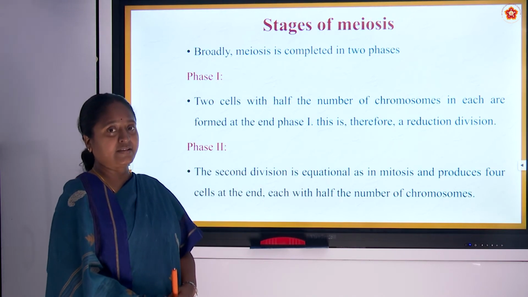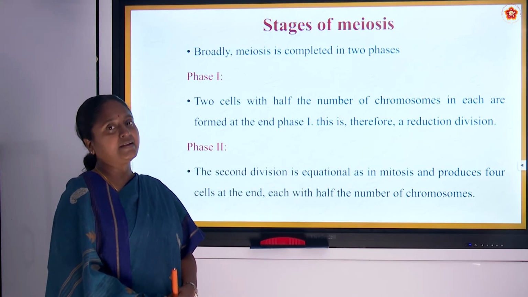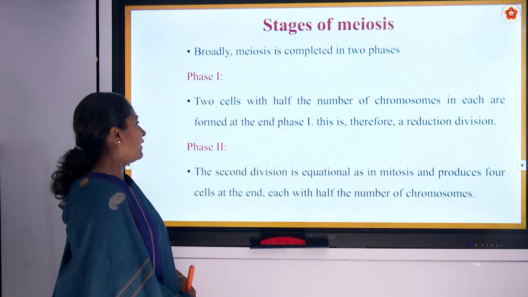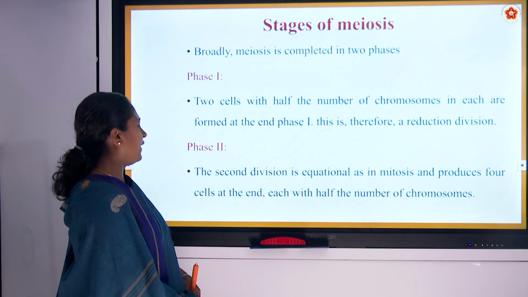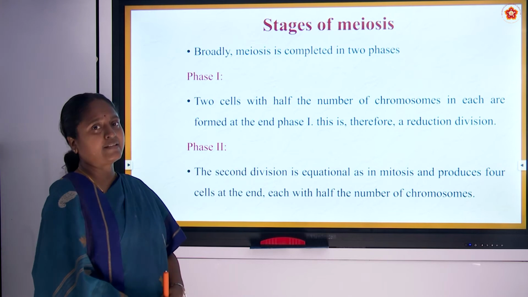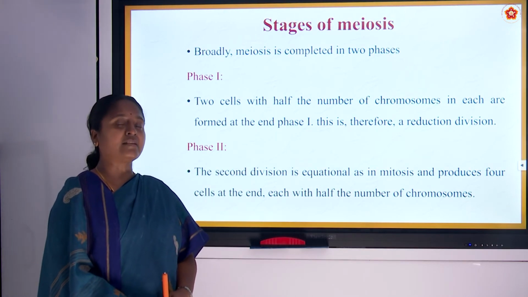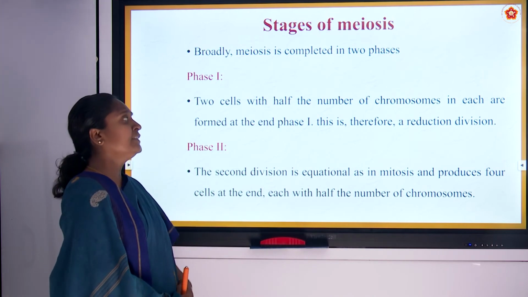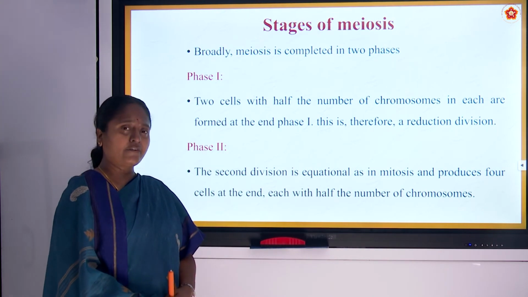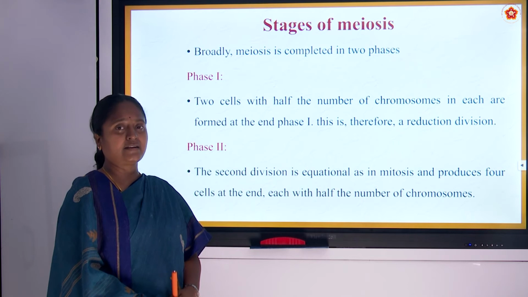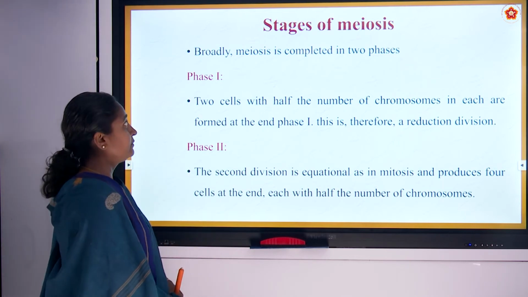Similar stages are all happening. So, phase 1 and phase 2 together are known as meiosis, right? Meiosis produces 4 cells at the end, and these 4 cells have half the number of chromosomes as the parent cell.